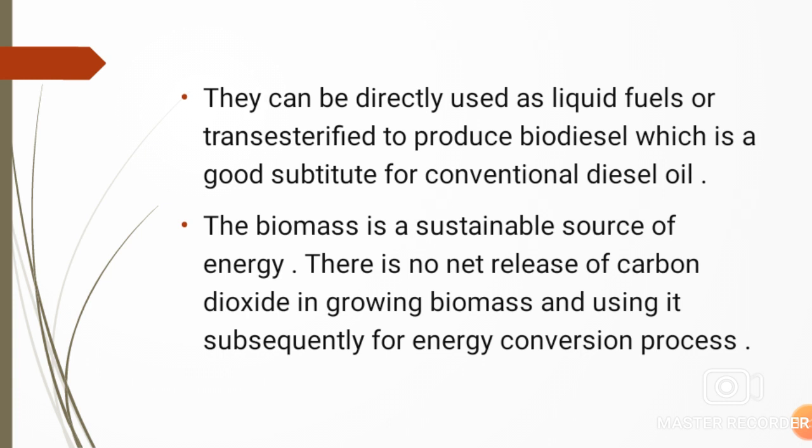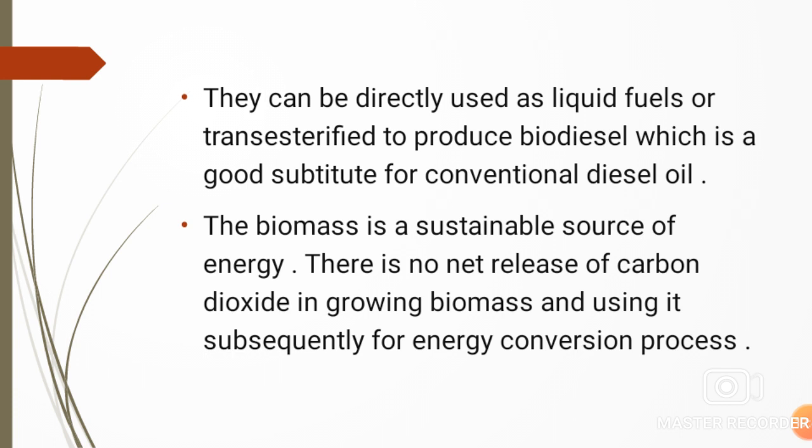Suppose we consider the biomass which is crop residues, obtained from the plant, and the plant produces all this material due to the photosynthesis process. In growing the biomass there is no emission of carbon dioxide; rather the plant synthesizes its own food with the help of carbon dioxide and gives out oxygen.